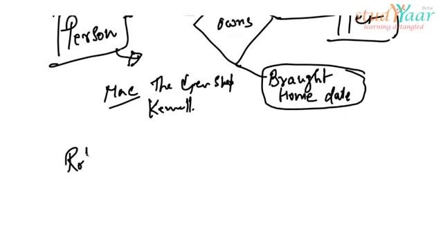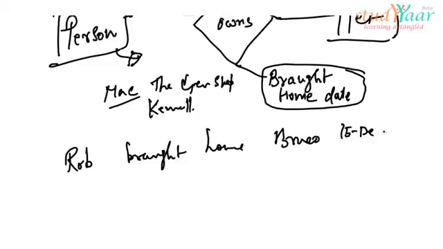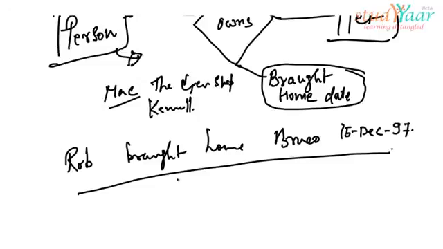So we can say that Rob brought home Bruno on 15 December 97. Okay, so this is the information which is represented by a descriptive attribute. It is an attribute of the relationship and not of the entity.